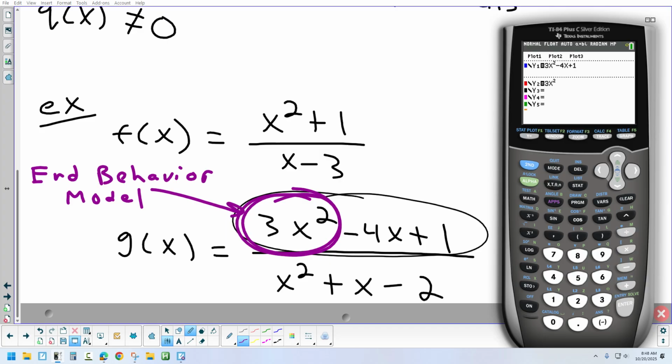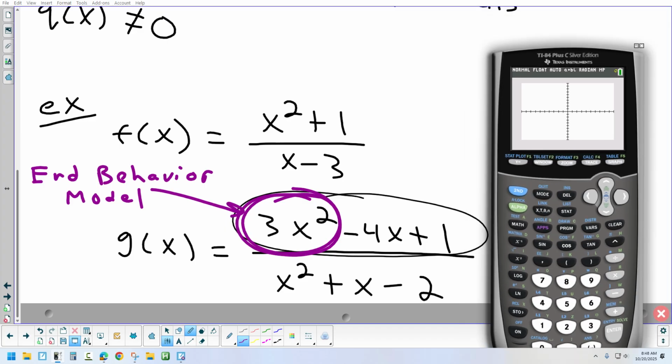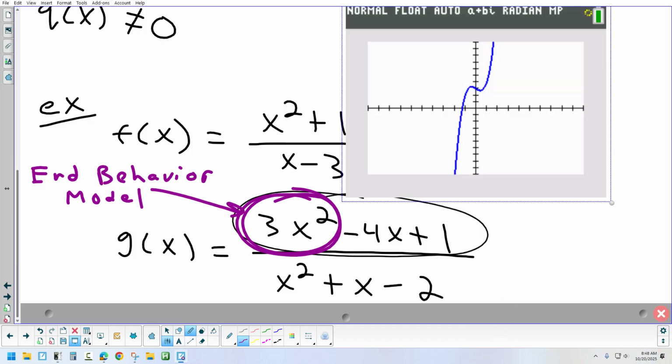Okay. Let me do one more. Let's graph 2x cubed minus x plus 3. Okay, so this one's a little different. This one is going down on the left side, but then it's going up on the right side.